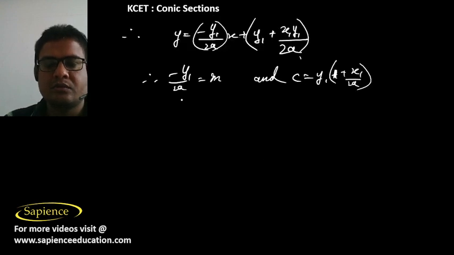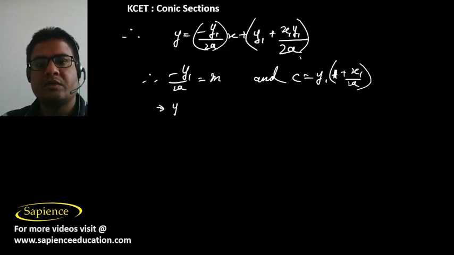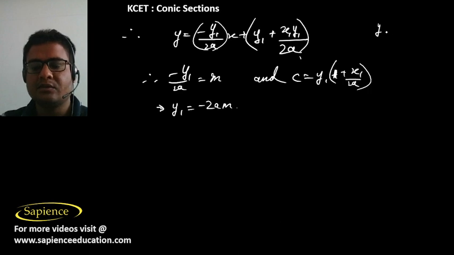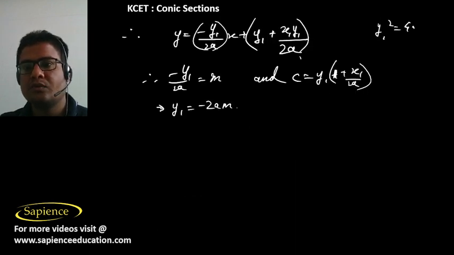Okay, so therefore y1 should be equal to minus 2am, and we know that the point lies on the parabola also, so y1 square is equal to 4a into x1. Therefore x1 is equal to y1 square by 4a.